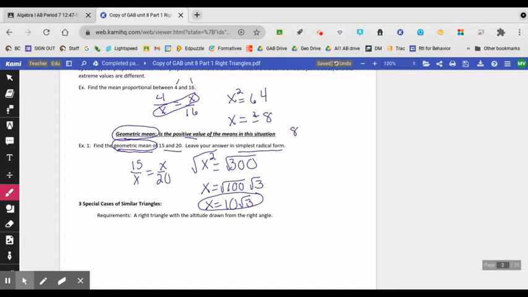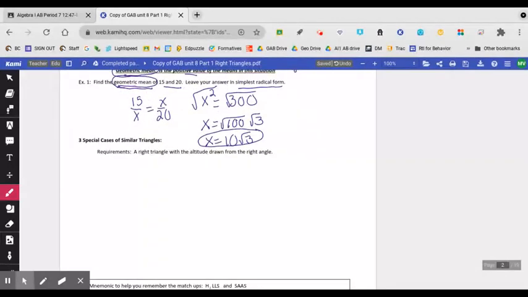So why is this important? Sometimes you'll be asked just to find the geometric mean, which is different than the typical mean, your average. It also happens to be an important case in right triangles.